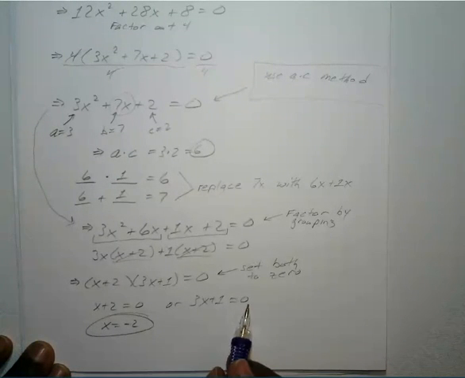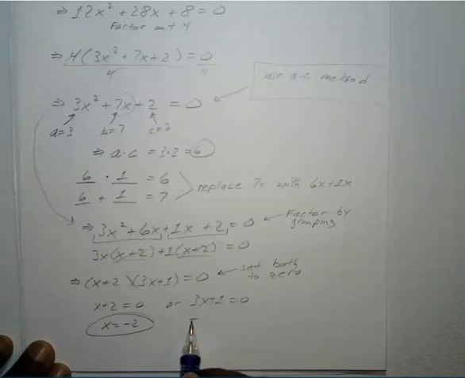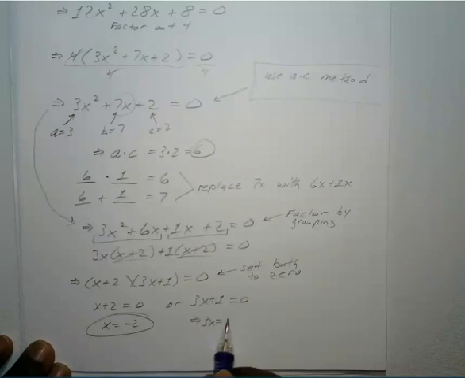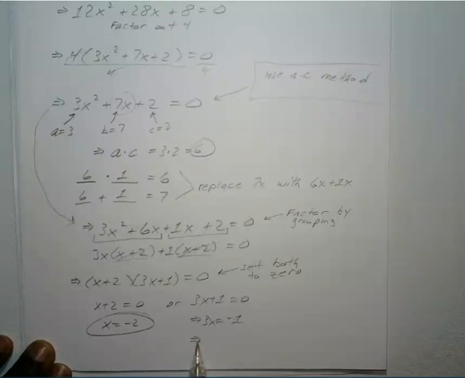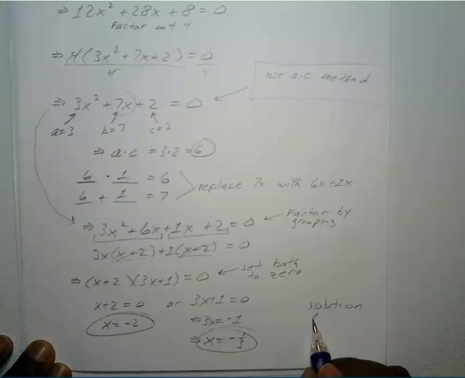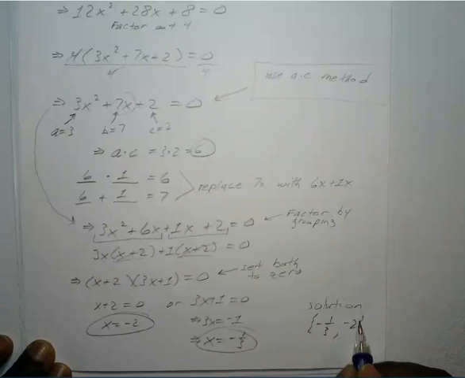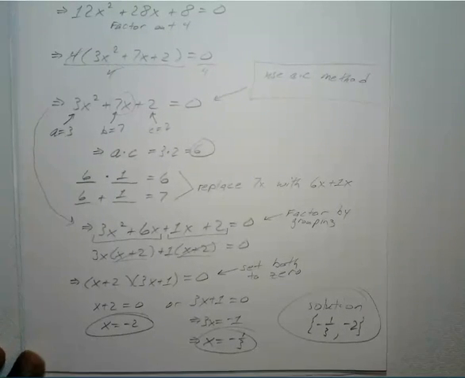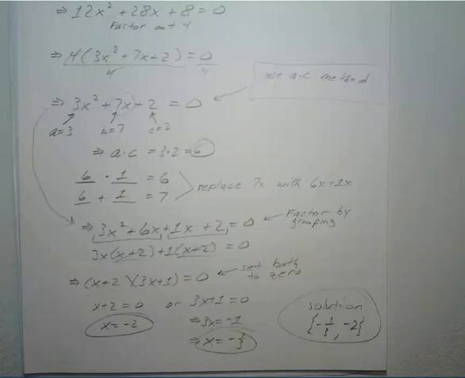And for this one, if we subtract 1 from both sides, we end up with 3x equals negative 1. Divide both sides by 3. We have x equals negative 1 over 3. Okay, so your solution set is just negative 1 over 3 or negative 2. Again, x can equal either one of those, and it will be true.